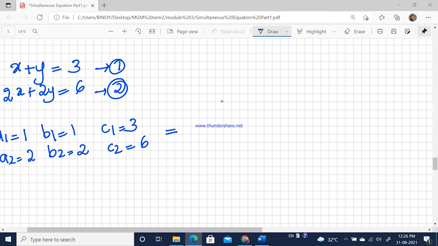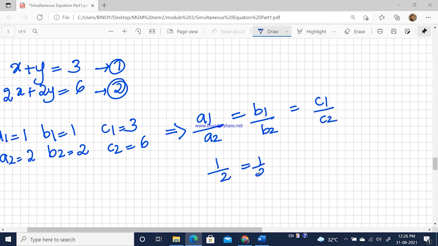So from this we can clearly state that A1 by A2 is equal to B1 by B2, which is equal to C1 by C2. That is 1 by 2 is equal to 1 by 2 is equal to 3 by 6, that is same as 1 by 2.